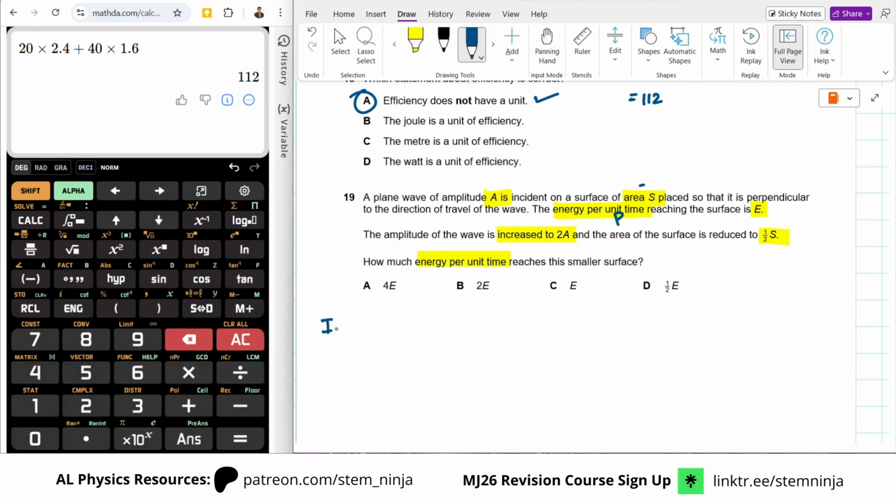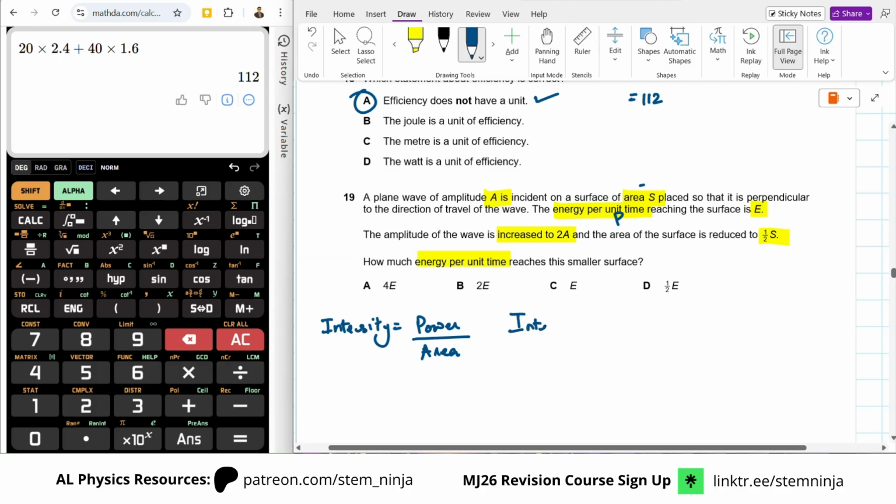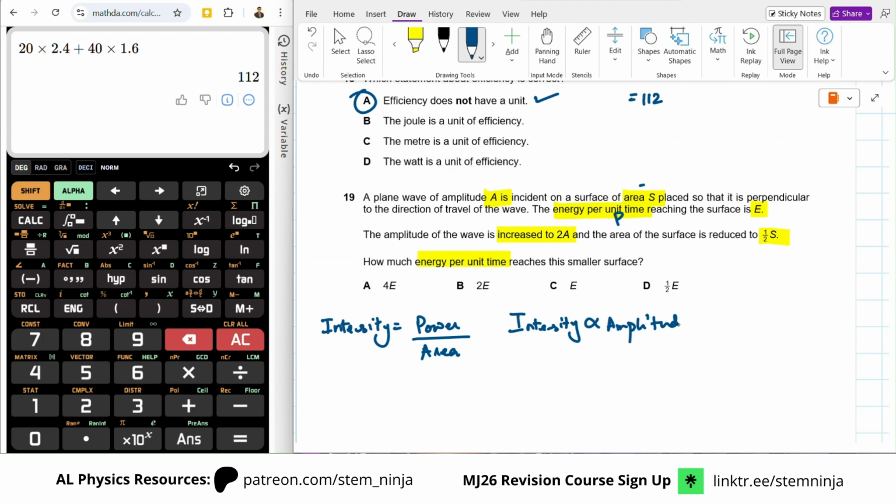So we know the intensity formula: intensity of a wave is power over area. And we also know that intensity is proportional to amplitude squared. So if amplitude has been increased to 2A, intensity would be 4 times the previous intensity.